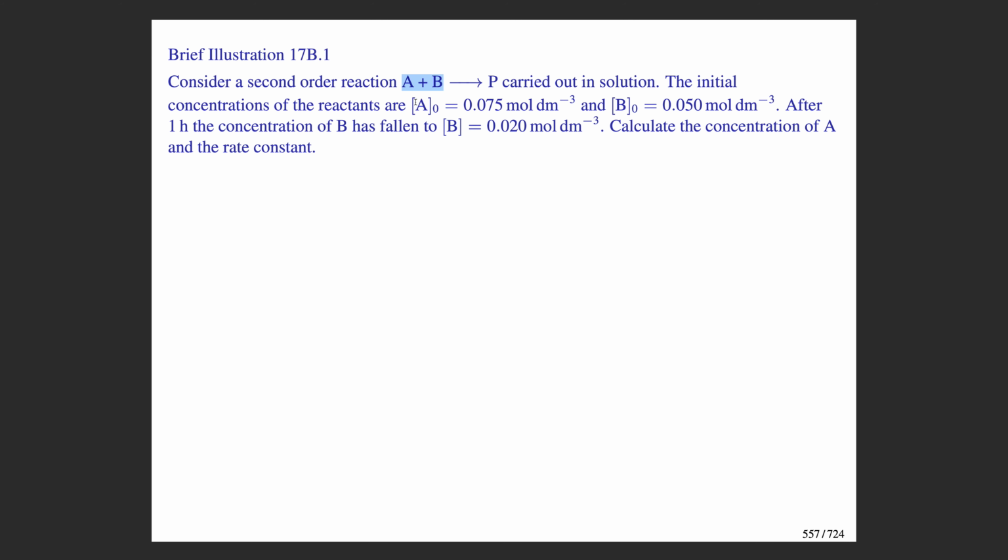The concentration of A will be equal to A0 minus the amount of species B that has reacted, which will be B0 minus B. So you get that number as well. So once you know all of these numbers, you then just need to algebraically solve for the rate constant.